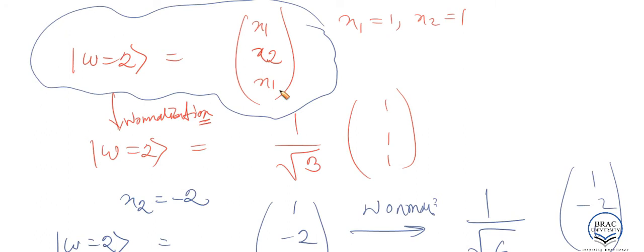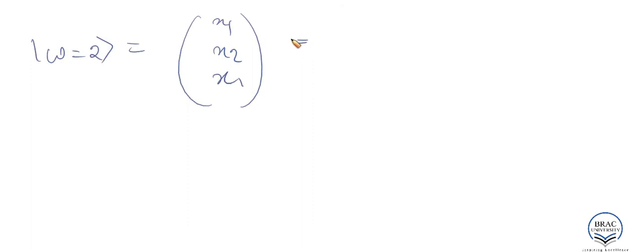Or you can always say x2 by x1, that's your choice, but let's write this again. So for omega equals 2, we had x1, x2 and x1. So what we can do now is divide it by x2. That is, the rows will get divided by x2, and we'll have x1 by x2, 1, and x1 by x2.